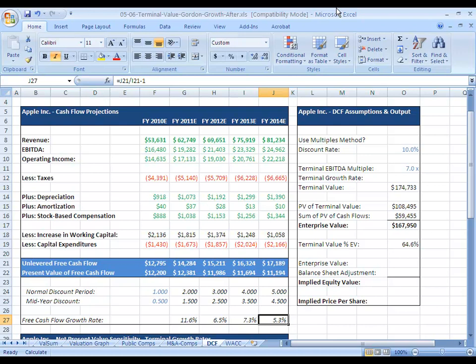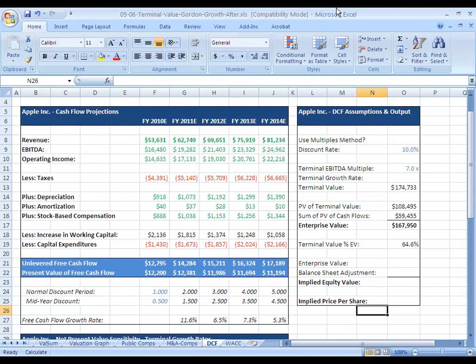Usually something close to the GDP growth rate or something close to the rate of inflation, for example, might be used here. Now, if you're working in a market that's growing much faster, so if you're in a country that is developing quickly, where the GDP growth is much greater than 5%, maybe it's 10%, even higher than that, then maybe you would use something more aggressive here. But most of the time for mature companies in developed economies, use something very low for the terminal growth rate.